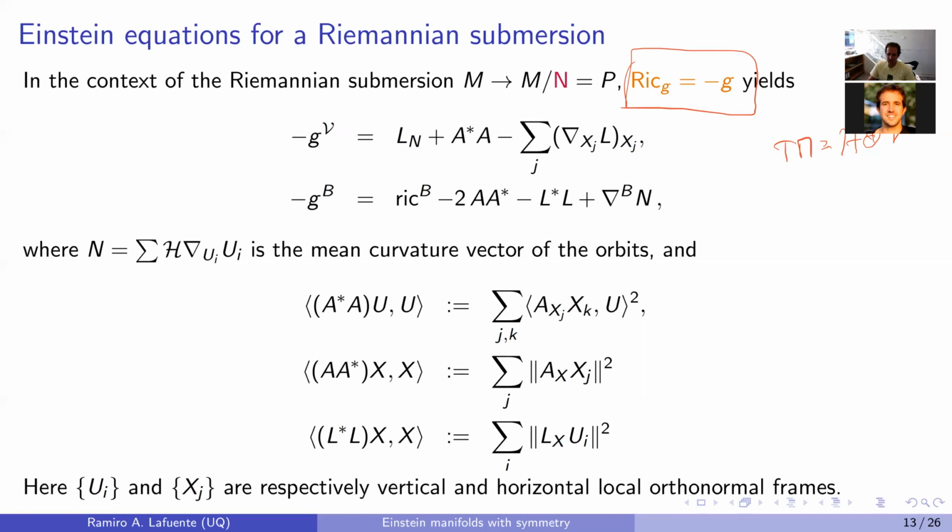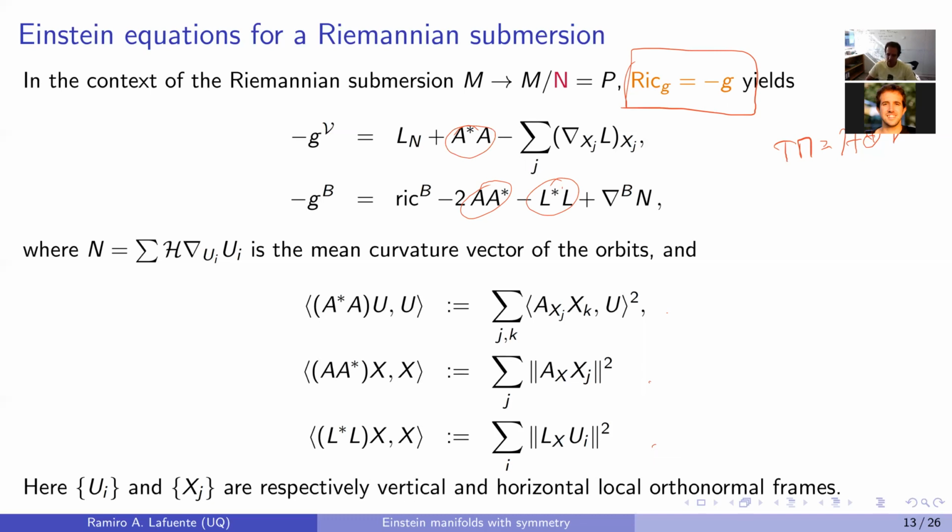And then there are these terms, these traces, so to speak, like A star A and L star L. These are positive semi-definite bilinear forms defined in a very natural way. I just wrote it here for the sake of completeness, but it's not very important.